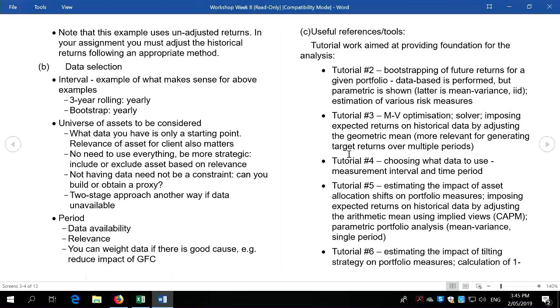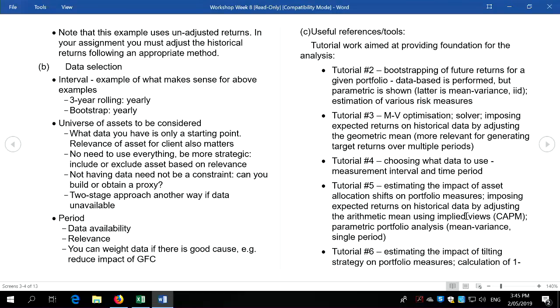Here I give you a list of references. If you still have problems with adjusting historical returns or bootstrap, you may find these references, especially in week 5 and week 6. These are related to tilting or testing your ideas of asset allocation. It's going to be useful in the second stage of your asset allocation analysis.